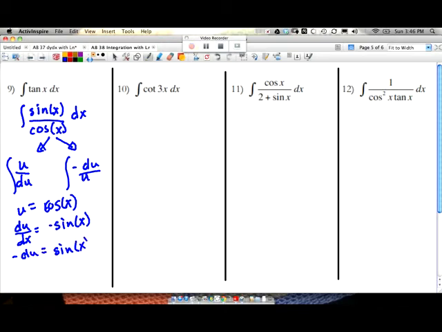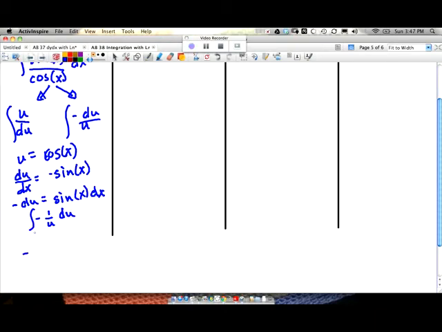So I need the negative du in there. So we're going to have a negative and then 1 over u du. The negative really just translates to like a constant would, so it's just going to tag along. 1 over u du is natural log of the absolute value of u, which in this case is cosine of x, and then plus c. See, that wasn't too hard.